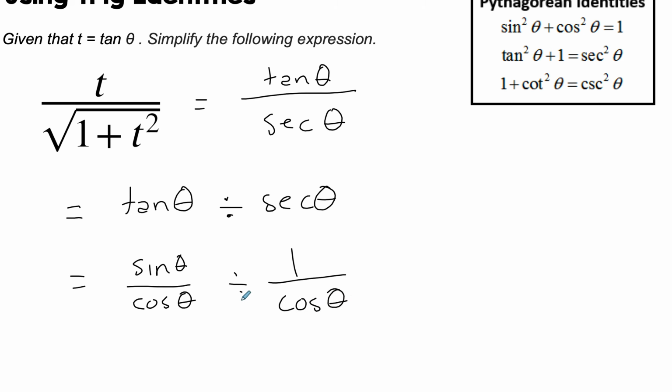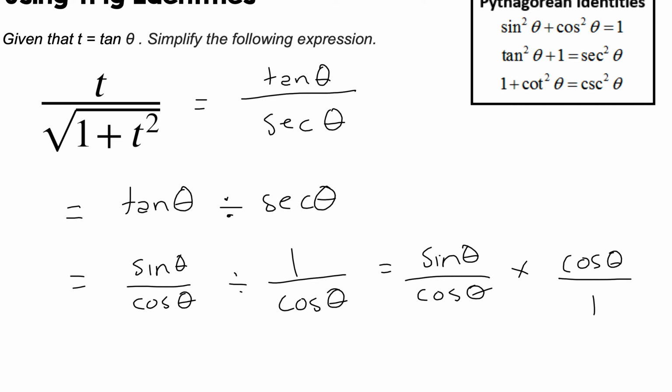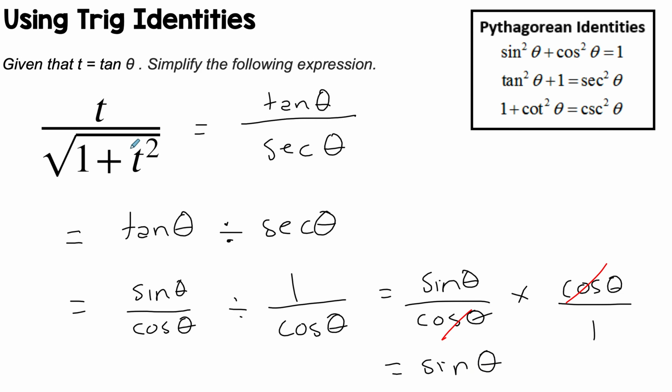And then I could use the rules of dividing fractions, change the sign, reciprocate the second fraction. So I have sine theta over cos theta times cos theta over 1. And then I could cancel these out, and I get a lovely answer of just sine theta. So this is the simplified form. Okay, so again, we use the previous results for this.